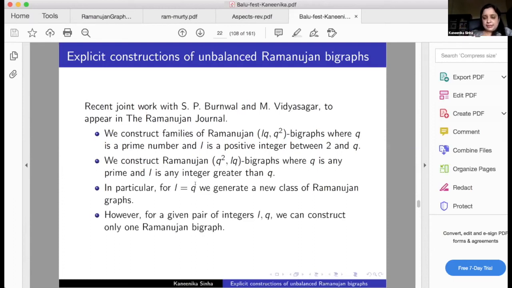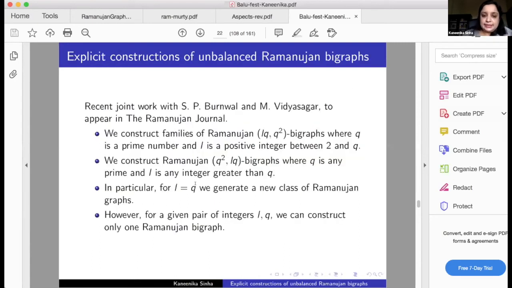And there is one contrast here in comparison with the previous constructions of Ballantine et al. that I talked about. Given a pair of integers L comma Q, we can construct only one Ramanujan bigraph.